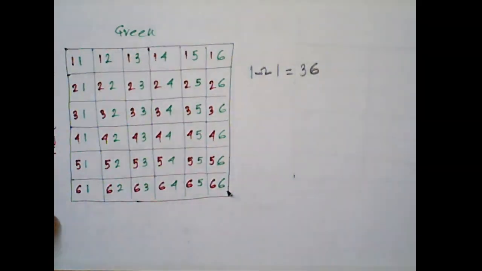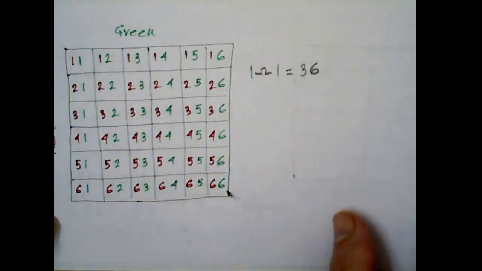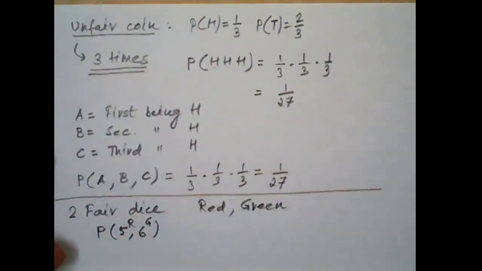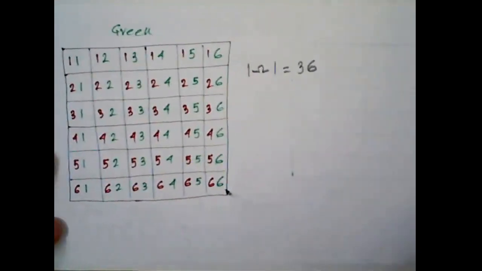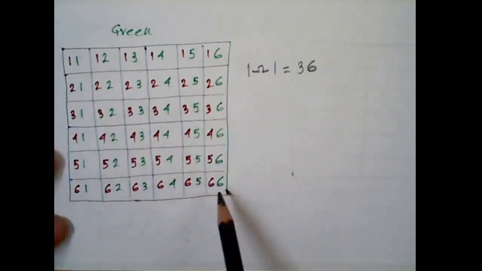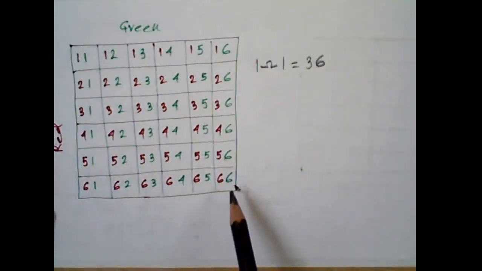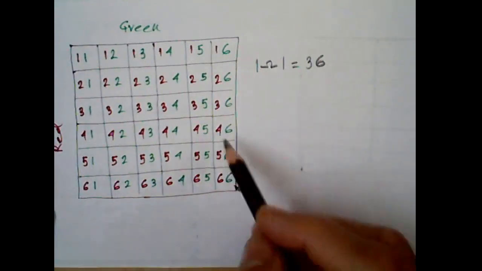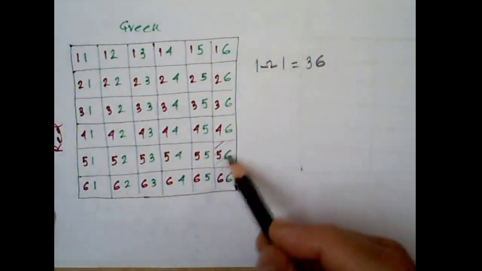So here, the sample space omega has mod of omega equal to 36. Now, if you look into the question, what is the probability of getting 5 in the red and 6 in the green? Let us look at which of the squares here satisfies the criteria of getting 5 in the red and 6 in the green. That is this particular square.